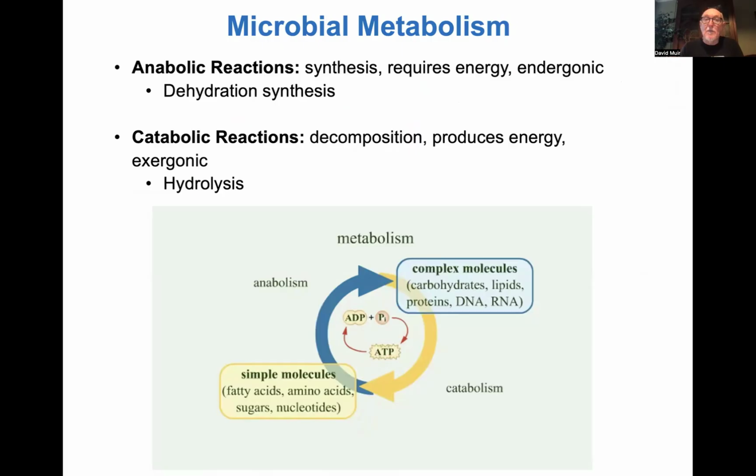These are the processes which we refer to as being anabolic. The anabolic reactions are synthetic reactions. But the characteristic of these anabolic reactions is that they require an input of energy. Because they require an input of energy, we say they are endergonic. That is the chemical term for it.